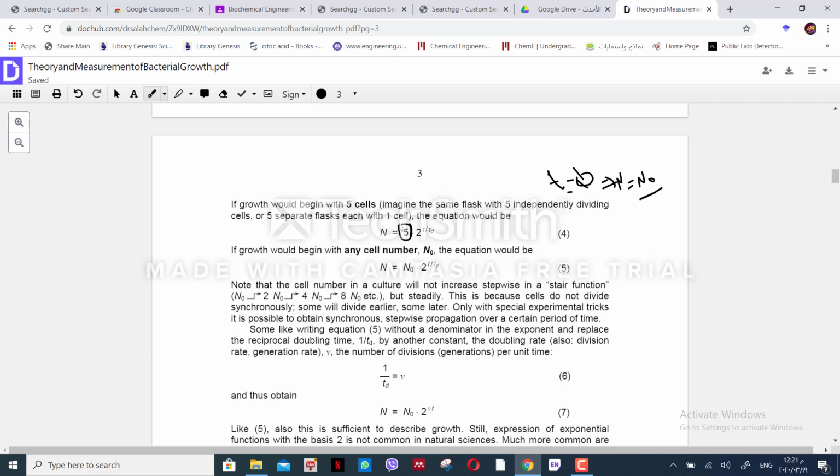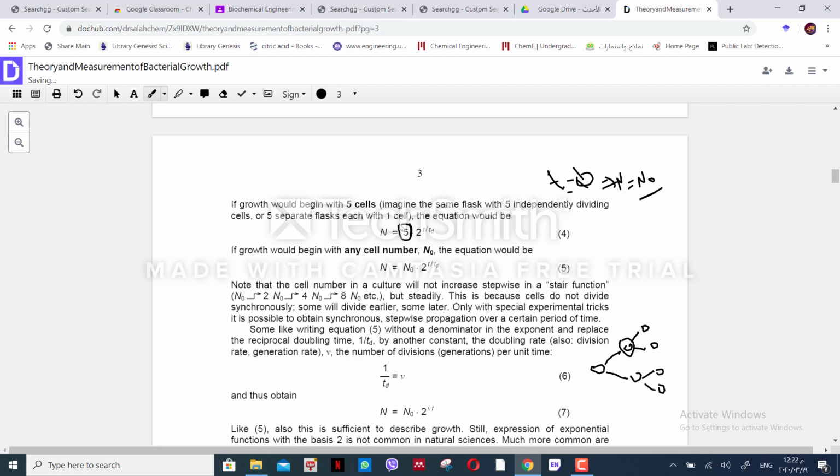Note that cell number in a culture will not increase stepwise in a stable function: N naught goes to 2 N naught, goes to 4 N naught, goes to 8 N naught. But steadily, because cells do not divide synchronously. What we mean here is that this cell gives us two cells and this cell gives two cells.